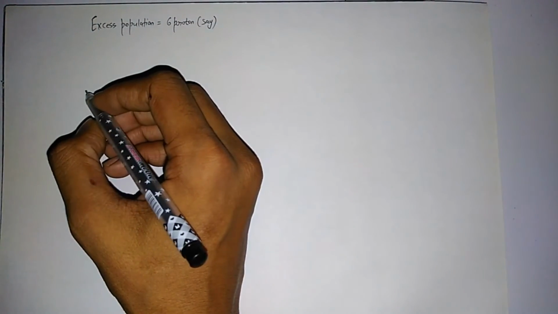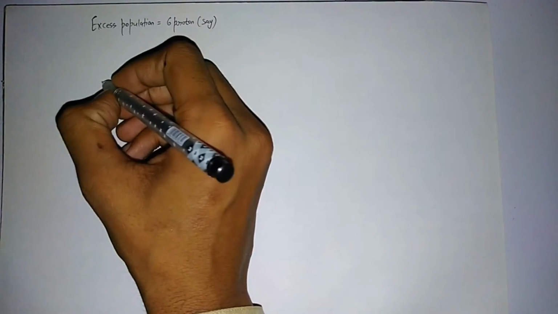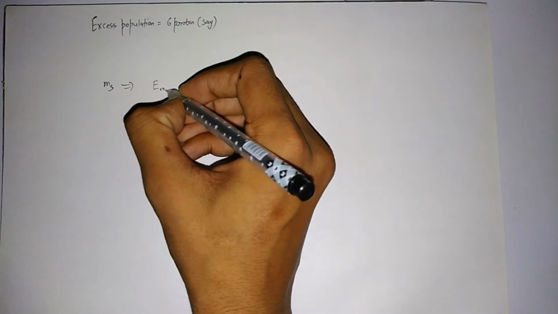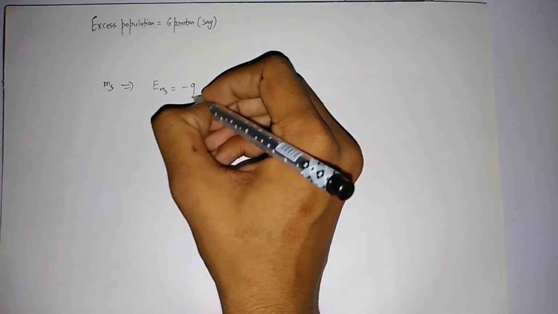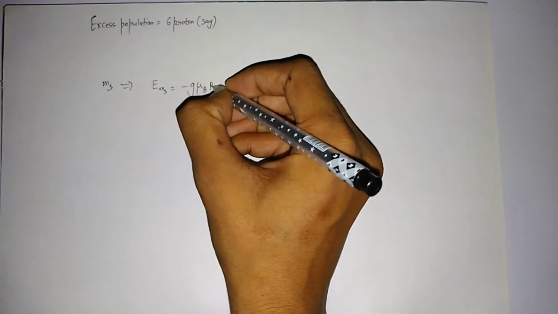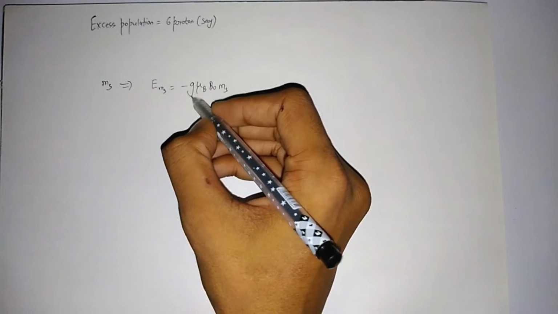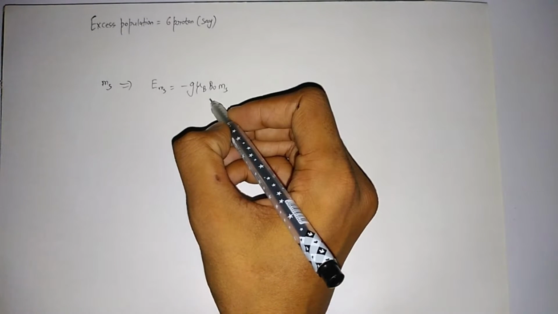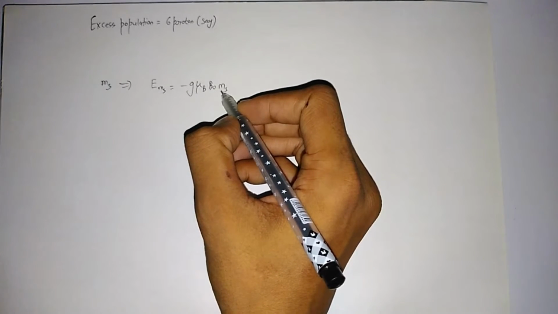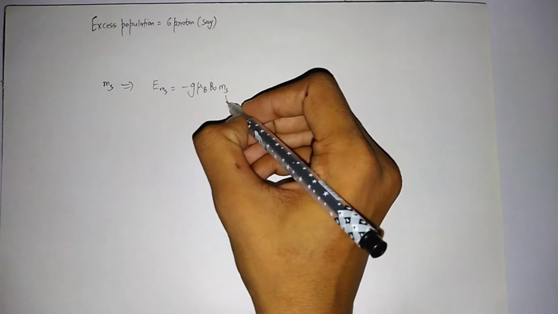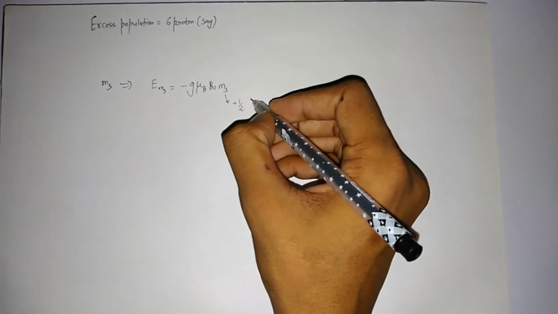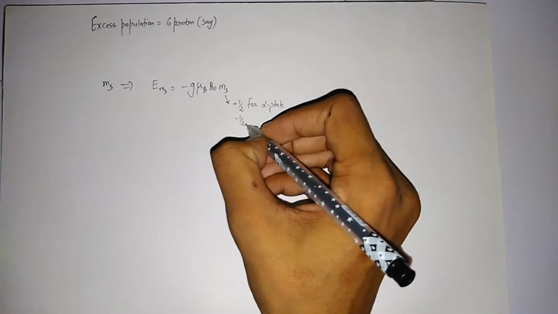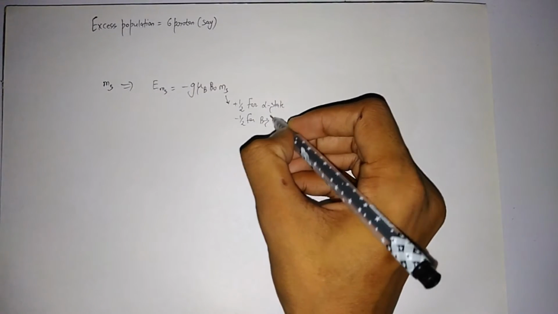And the expression for the energy of the corresponding spin state ms will be given by E ms is equal to minus g mu B B naught ms, where g is the proportionality constant, mu B is the nuclear magnetic moment, B naught is the applied magnetic field strength, and ms is the spin quantum number, and the value of ms is plus half for the alpha state and minus half for the beta state.